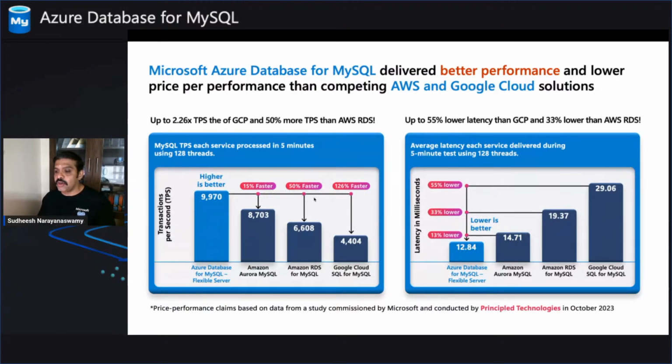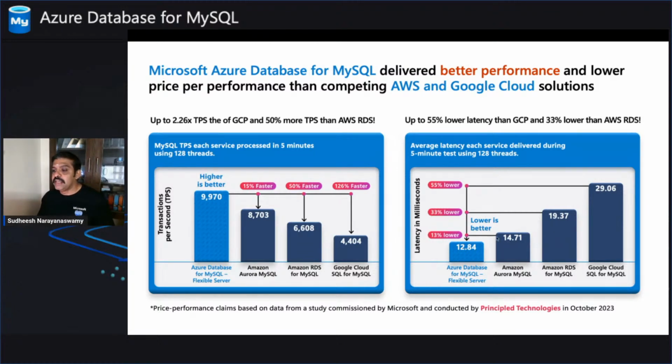With the RDS offering of AWS, we are 50% faster, and with GCP, much faster, 126% faster in terms of transactions per second for the same SKU hardware, the same SKU service in these cloud vendors, when compared with Azure.